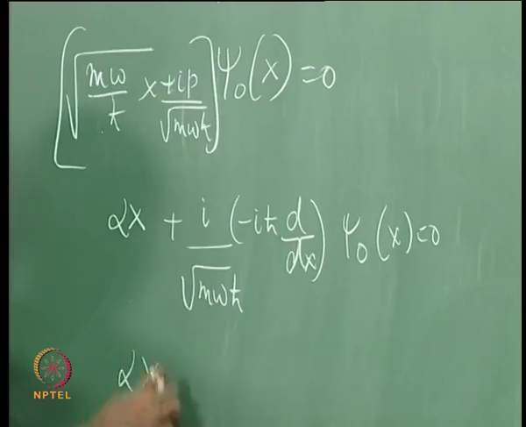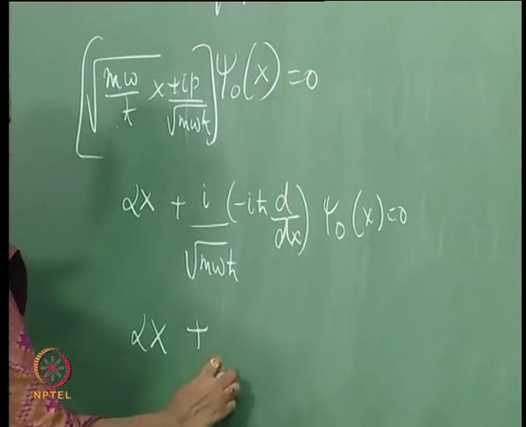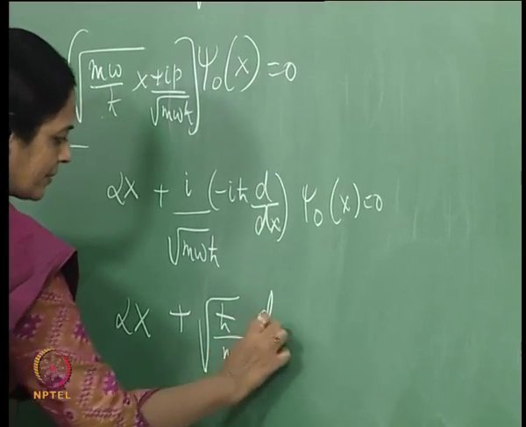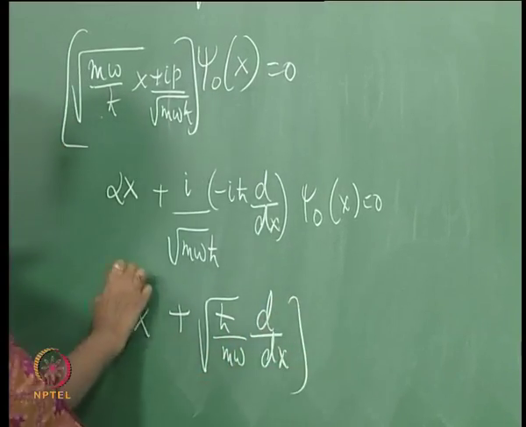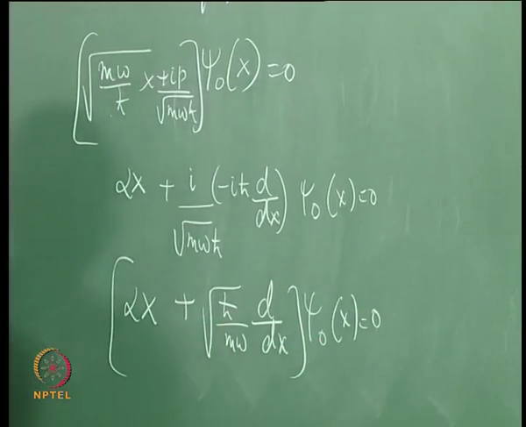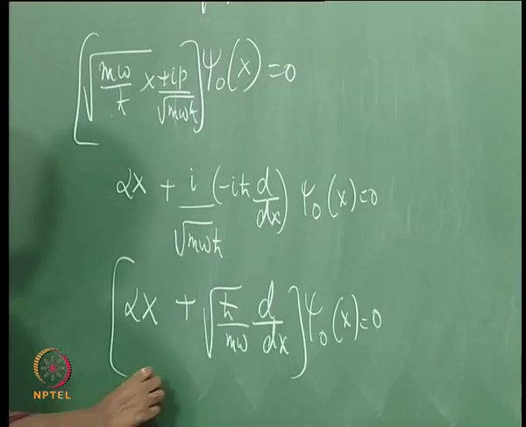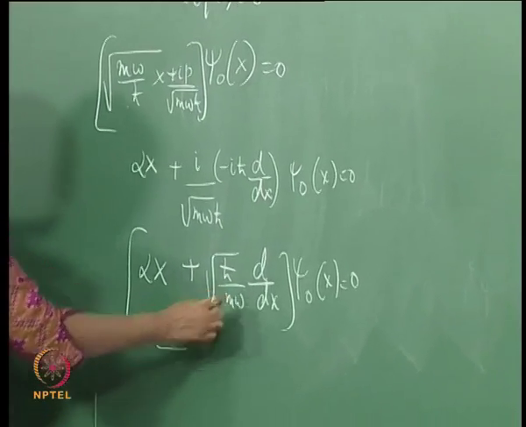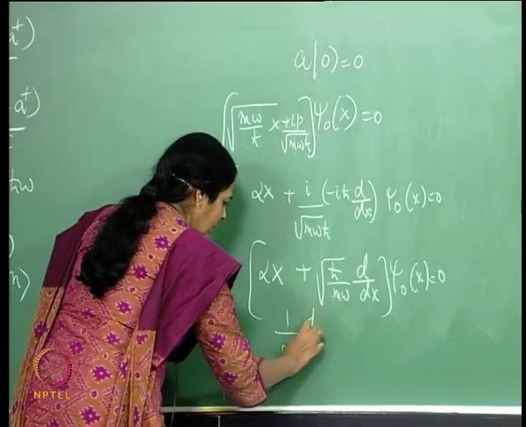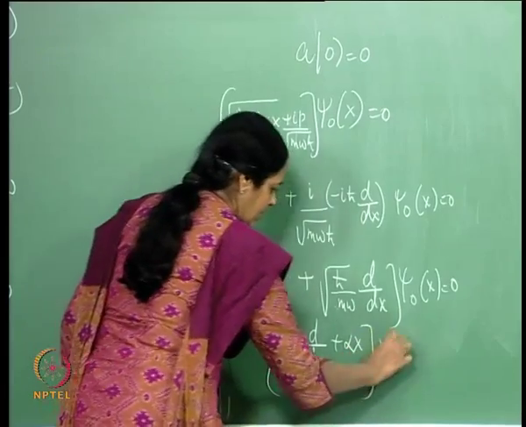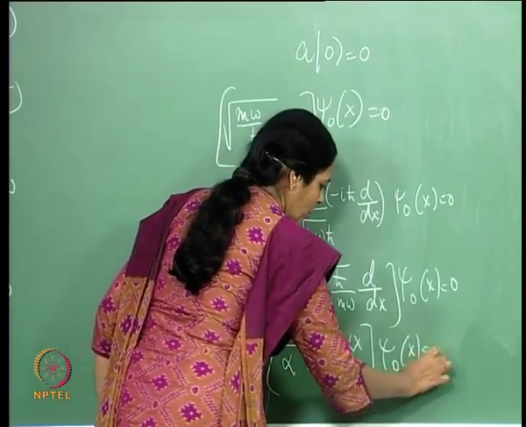So I have alpha x plus root of h cross by m omega d by dx, psi 0 of x equals 0. That is the same as saying, that gave me an alpha downstairs, so 1 by alpha d by dx plus alpha x, psi 0 of x equals 0.